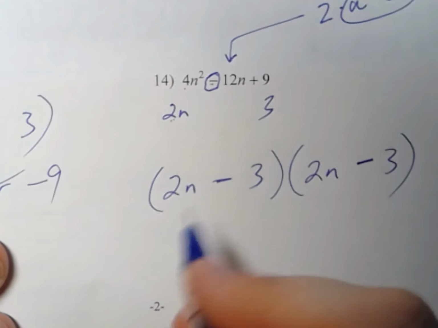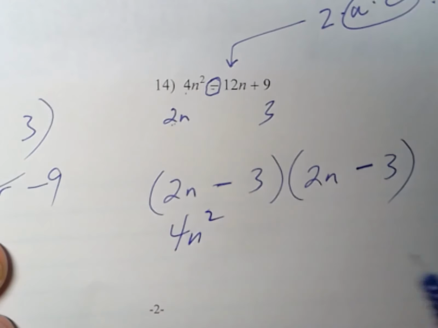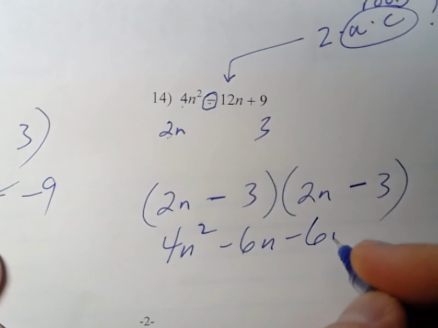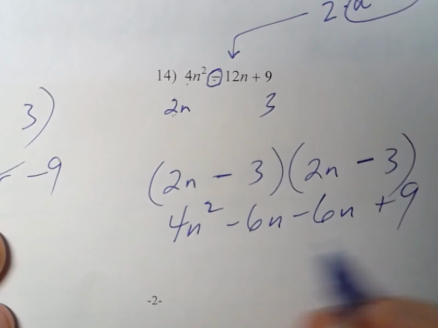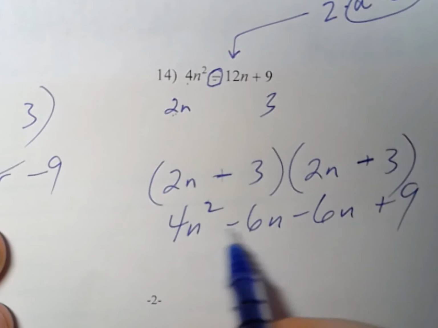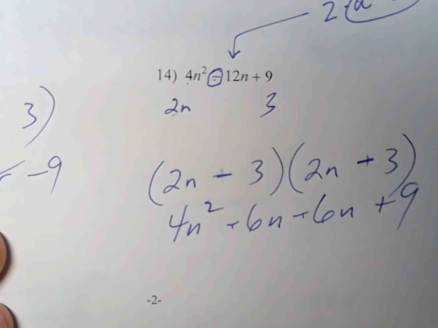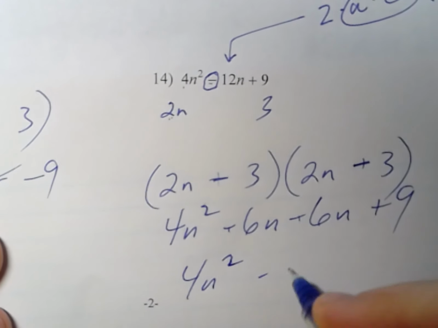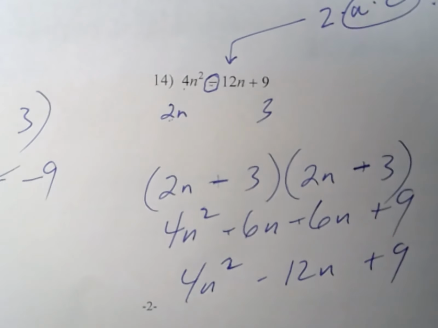Because, notice what's going to happen here. If I FOIL this, I get 4n squared, minus 6n, minus 6n, plus 9. And if I combine those, if these had been positives, then these would be positives, but they aren't because I need it to go to negative 12. So this becomes negative 12n plus 9.